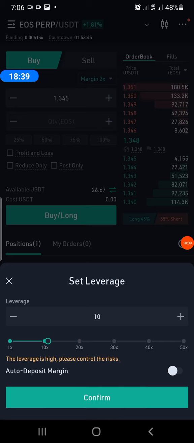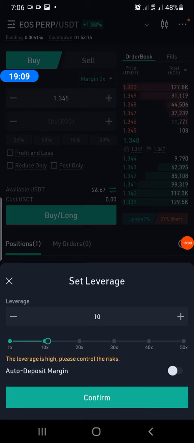Now remember, the higher your leverage, the higher your profit, the higher your loss, and the higher your liquidation risk. When you are using a higher leverage, your liquidation price will be closer to your entry point. When you are using a lower leverage, your liquidation price will be a bit far from your entry price.